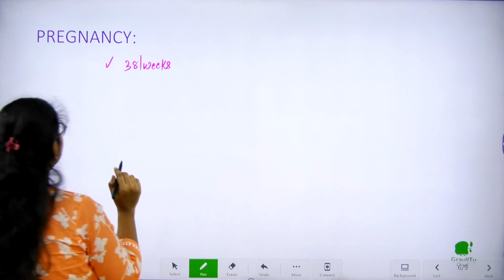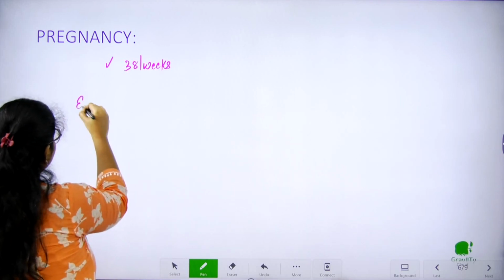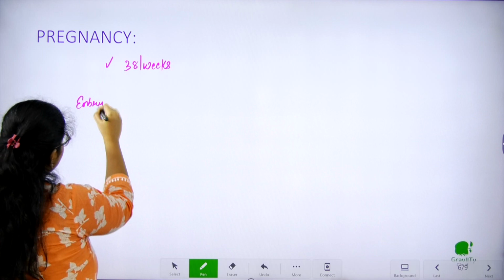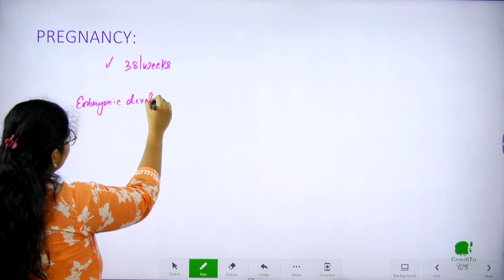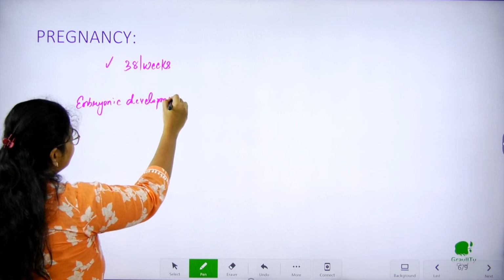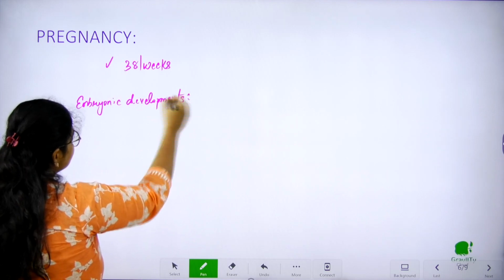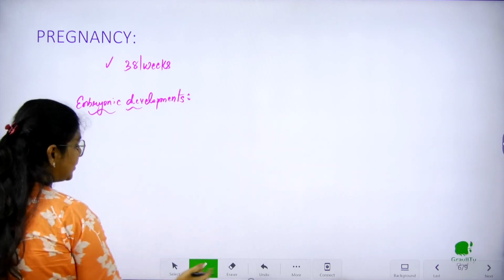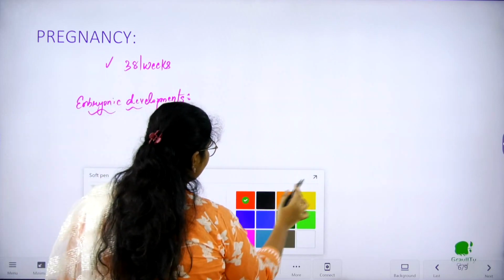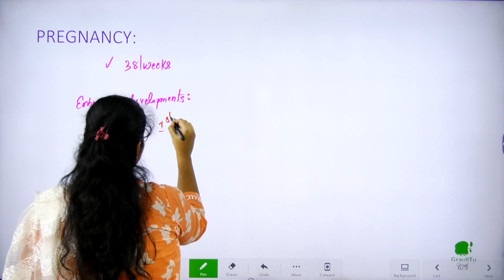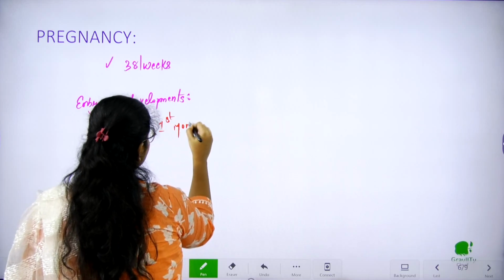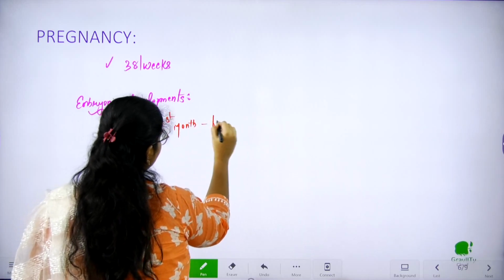And before that, we have to do the embryonic development. If you take embryonic development, human pregnancy is 38 weeks, as I told, or you can roughly call it 9 months also. A full term pregnancy is 9 months. So in the first month of pregnancy, what is formed? A fetal heart is formed.